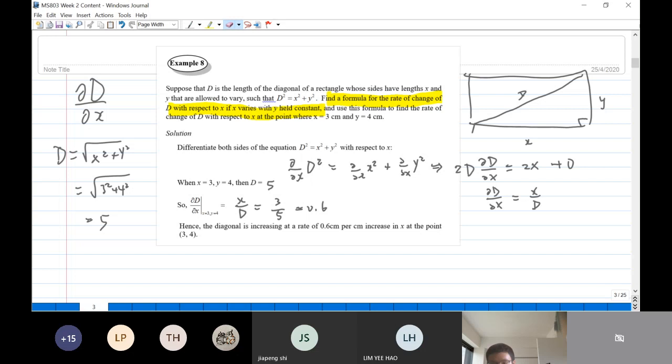So what does it mean now? Whenever x is increased by 1 cm, then the diagonal will increase by 0.6 cm. So the diagonal increases at a rate of 0.6 cm whenever x is increased by 1 cm.